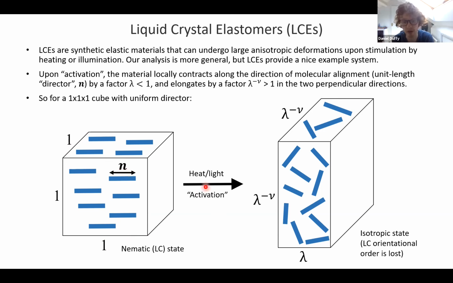And then when you heat them up, or activate them, so-called, this little block will shrink by a factor lambda along the director, and expand by a factor lambda to the minus nu in the two perpendicular directions. So this defines a contraction factor lambda, which can be as low as a half or so, really quite extreme, and what we call a thermal Poisson ratio nu for the expansion in the other two directions. So these are going to be an example system for us.